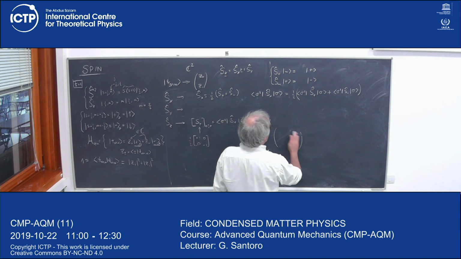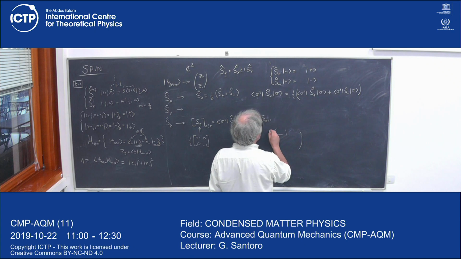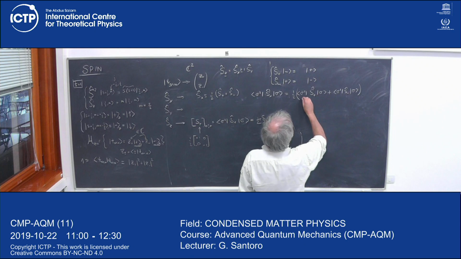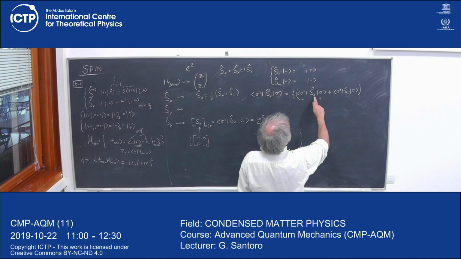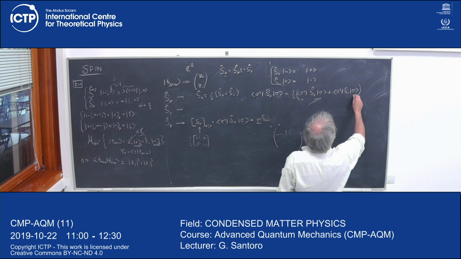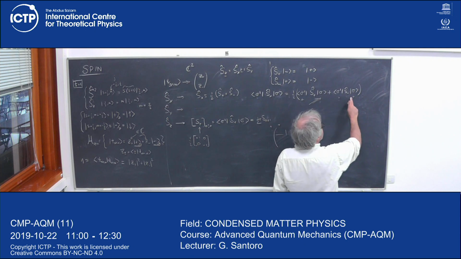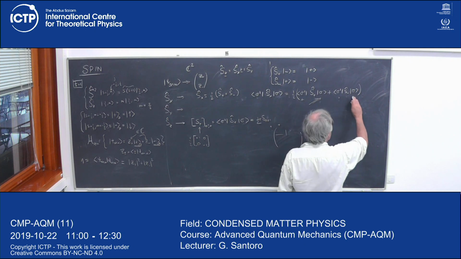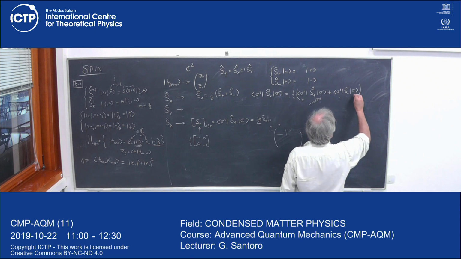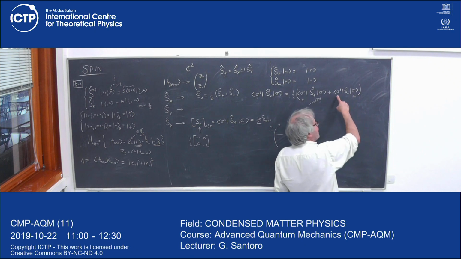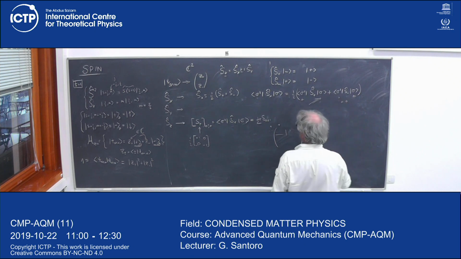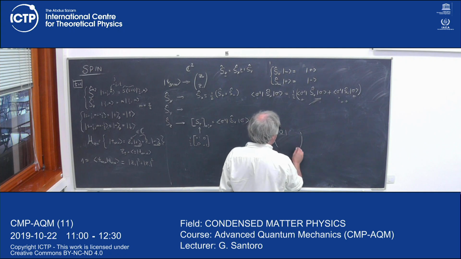Let's start with the diagonal element, the plus-plus. Here there is a plus and here there is a plus. S plus of plus is 0. S minus of plus is minus, but then I have the plus here, and therefore I get 0 again. So the elements on the diagonal are 0.